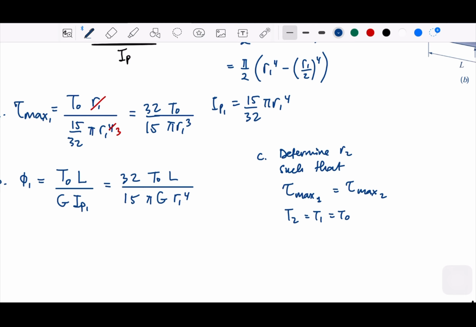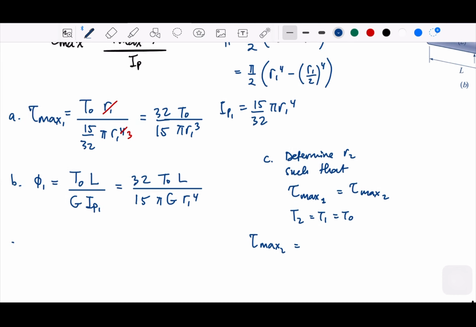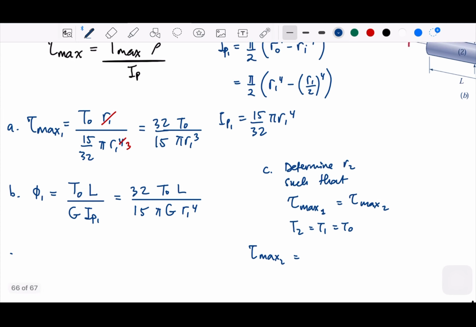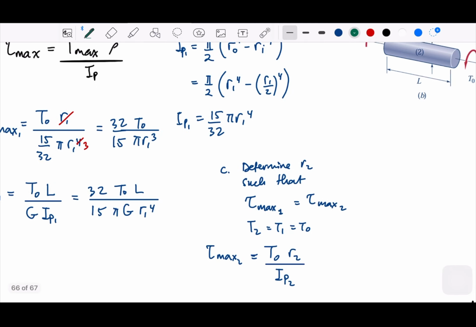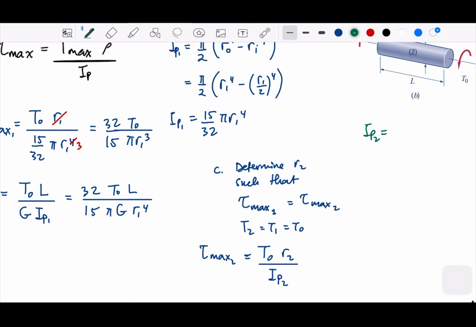So developing the tau max for the second material is equal to T0 R2 over the inertia for the second material. Now the inertia for the second material is just pi over 2 R2 with power of 4.